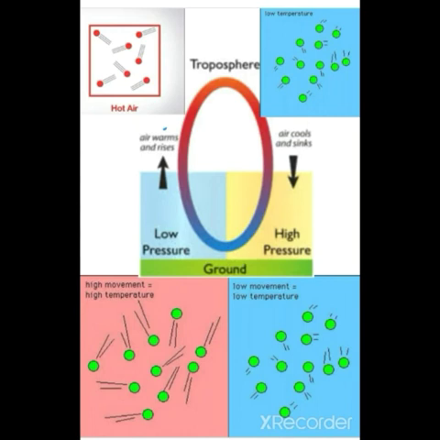Warm air molecules have more energy, so they move faster and bump into each other more. Due to this movement, they expand and become less dense. They take up more space for bumping with each other with great velocity.